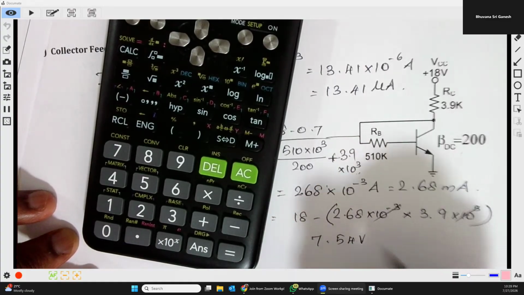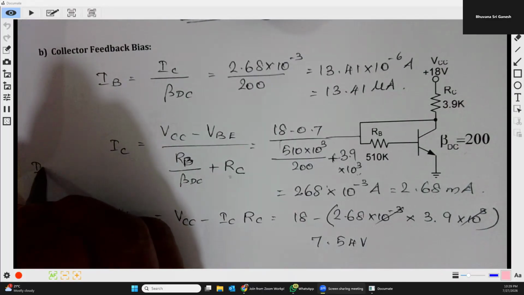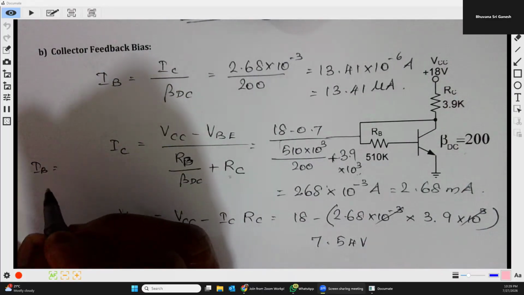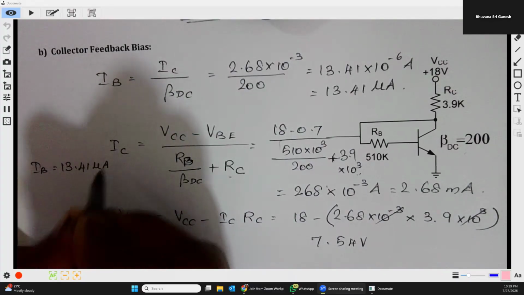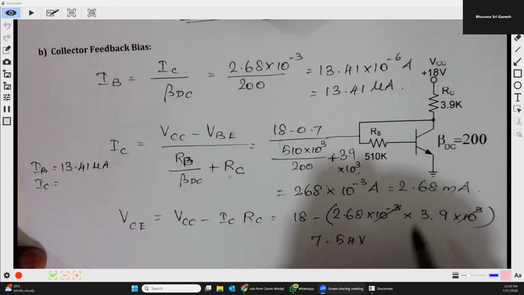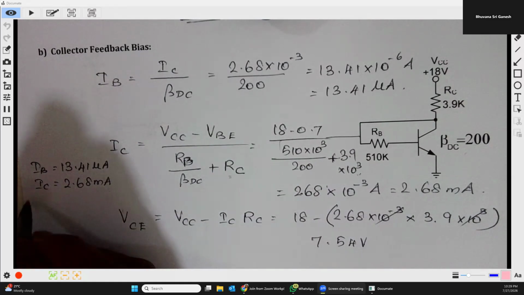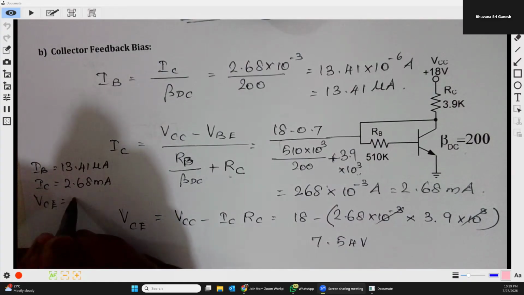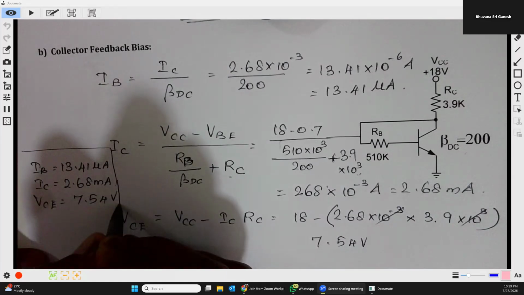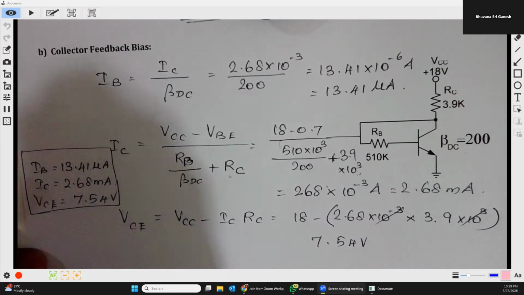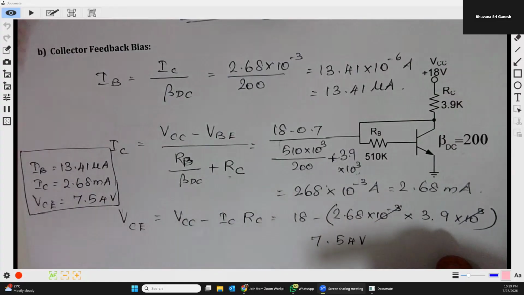So IB equals 13.41 microamperes, IC equals 2.68 milliamperes, and VCE equals 7.54 volts. All required answers are obtained. This is finished. Next, let's go for the next problem.